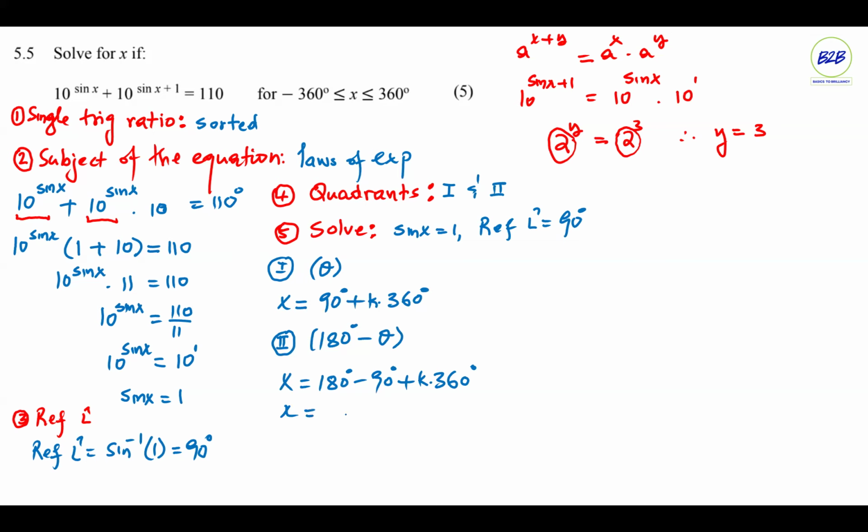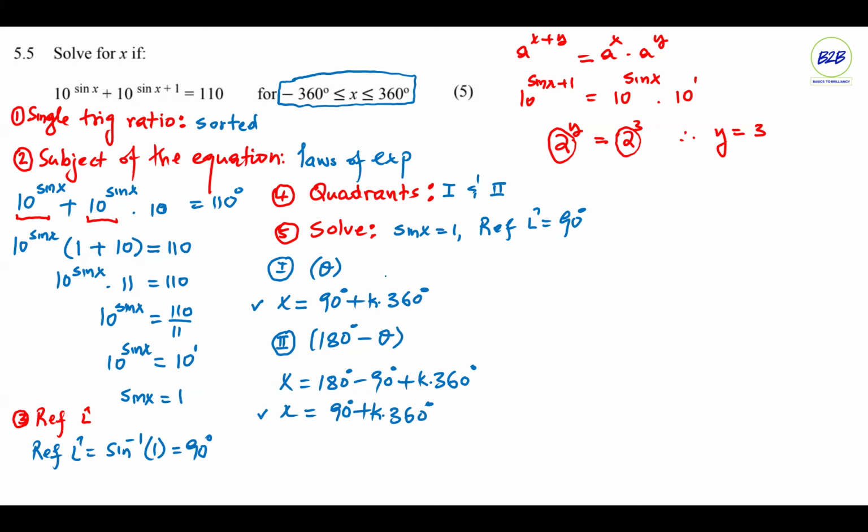Then x is equal to 180 minus 90 degrees, that is 90 degrees plus k times 360 degrees. So we get the same equation. Nice. All right. We have not answered the question fully yet, for we are given that specific interval there.